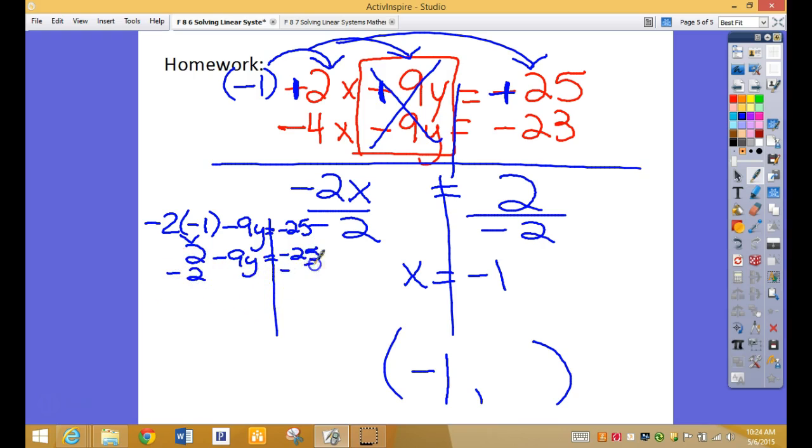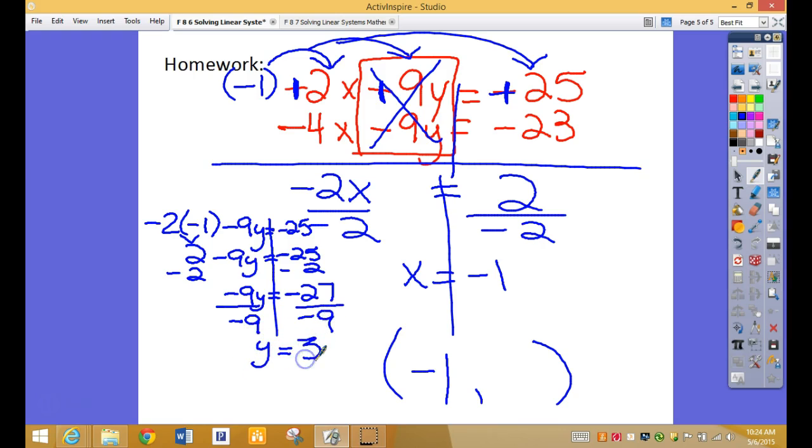Minus 2 from both sides. Now I have a -9y equals, close, to unite, a -27, because we unite. 25 and 2 is 27. Divide by a -9.